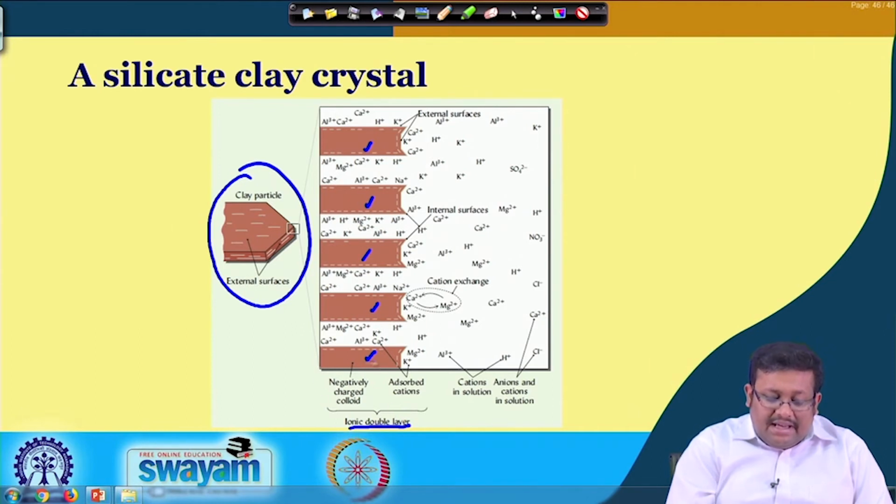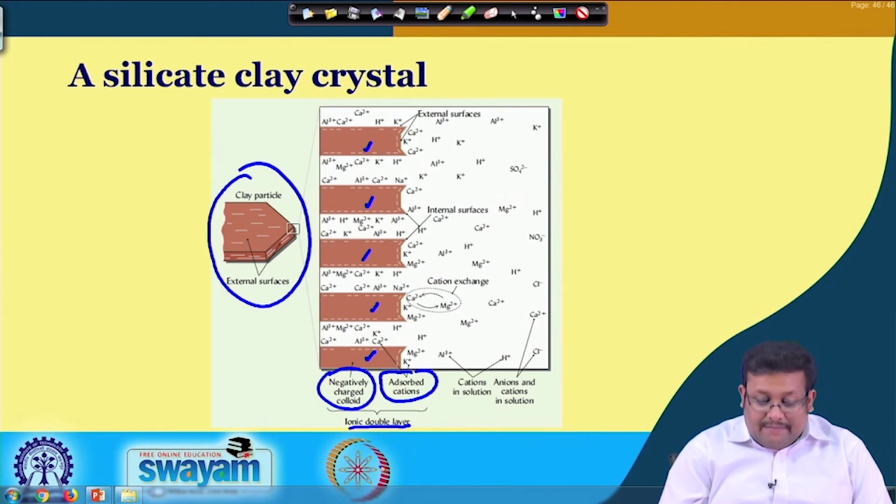So, basically a negatively charged colloid, when it is surrounded by different adsorbed cations, forms the ionic double layer. Not only that, there are two types of surfaces, external surfaces and internal surfaces. Obviously, in between two layers you will see the internal surfaces.